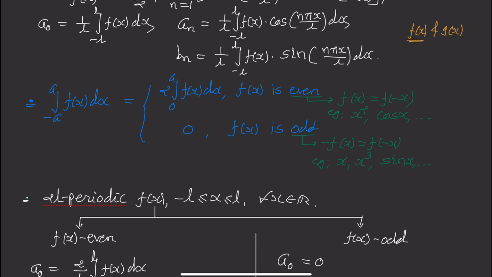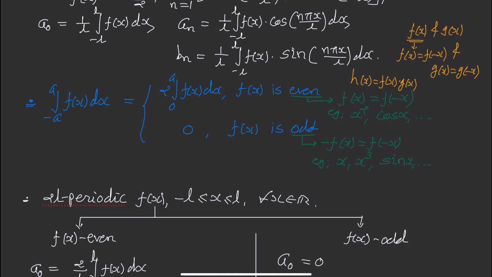Both are odd functions. What does it mean? F of x is equal to minus f of minus x and g of x is equal to minus g of minus x, right? Now suppose I define a new function h of x, which is the product of these two, f of x into g of x.